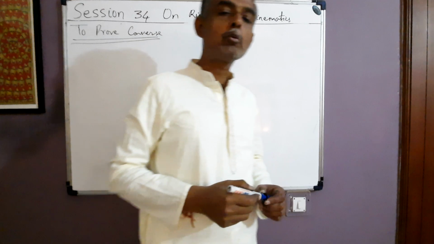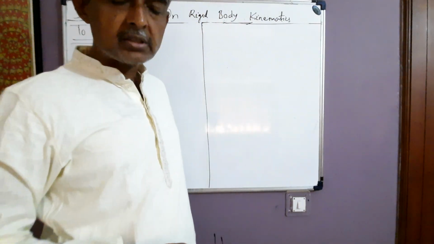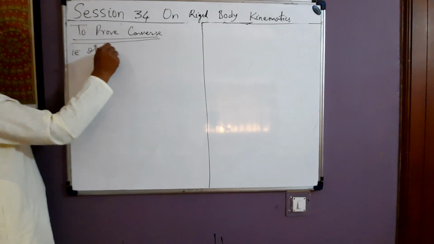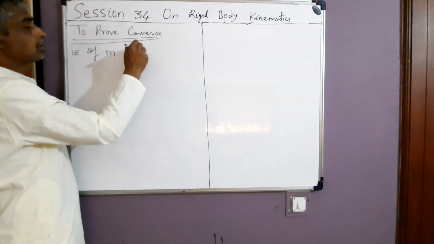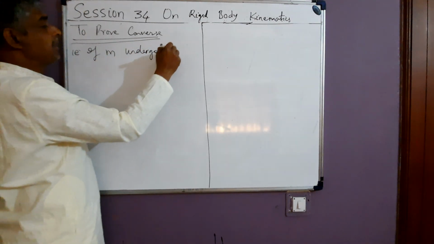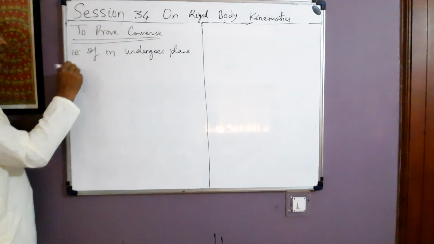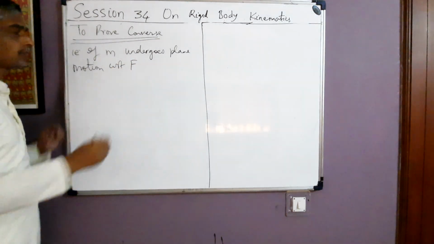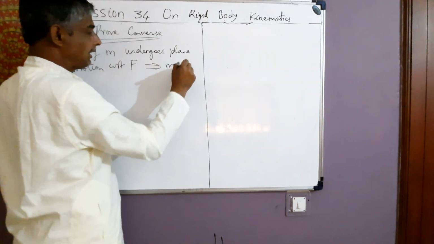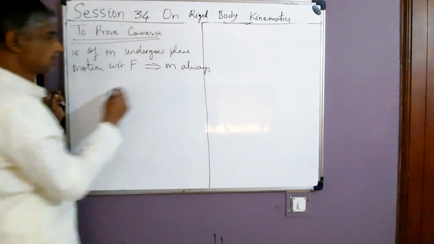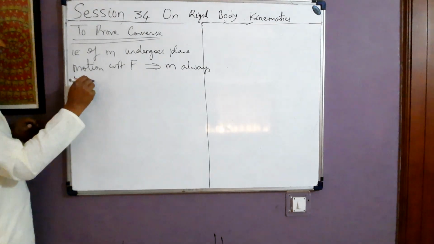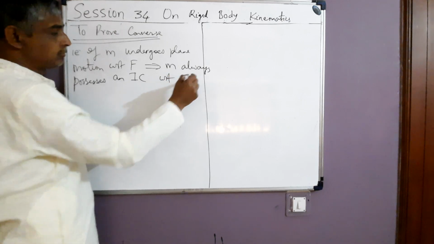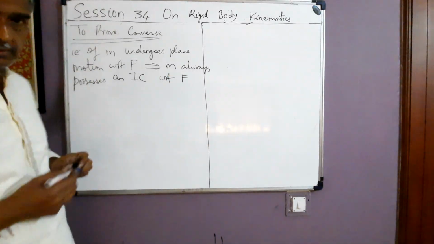If M undergoes plane motion with respect to F, then M possesses an IC with respect to F. That is, if M undergoes plane motion with respect to F, it implies M always possesses an IC with respect to F. Now we have to prove this.